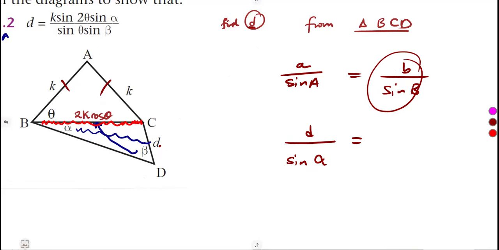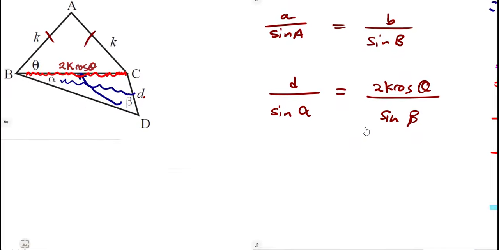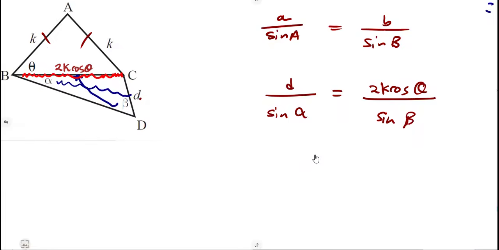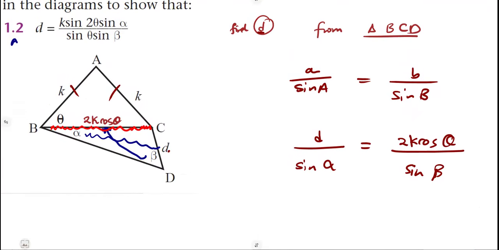That's where we take the 2K cos of theta over the sine of the corresponding angle, which is the sine of beta. That's it. So let's play around with this until we have the D that is given to prove, to show here.